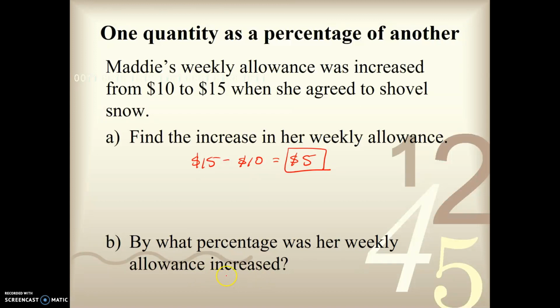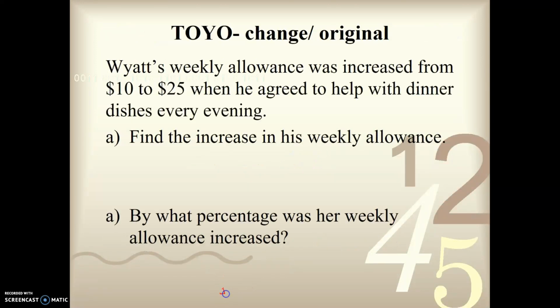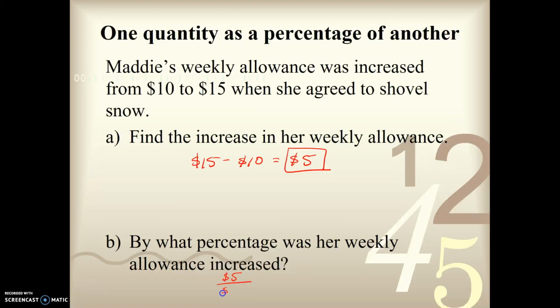So the change would be $5. The original amount was $10. So we're going to multiply that by 10 over 10. That's going to give us 50 over 100, which equals 50%. So we would say that Maddie's weekly allowance increased by 50%.